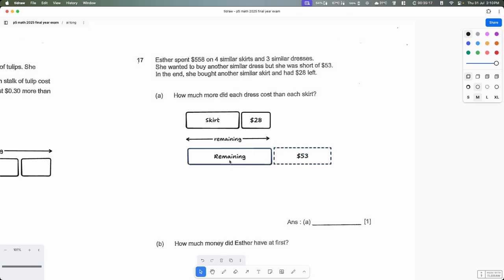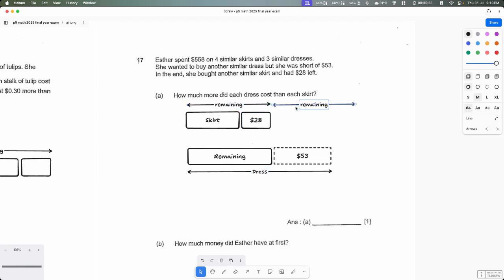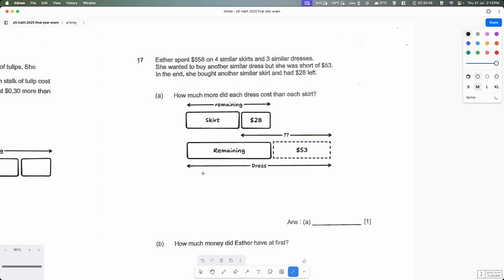How much more did each dress cost? This is the remaining, and this is the whole dress itself. What we're looking for is this: how much more? Let me put a line here to cut.